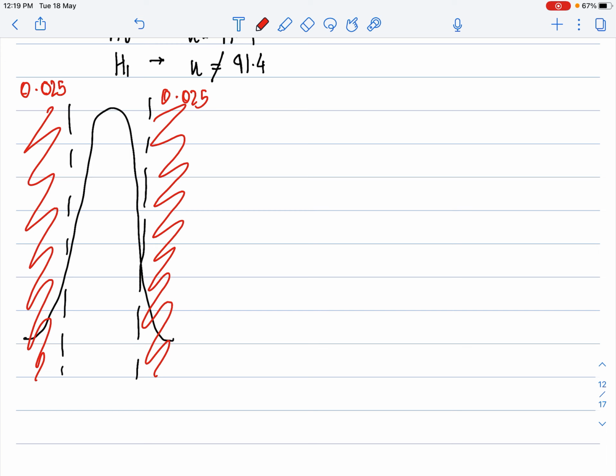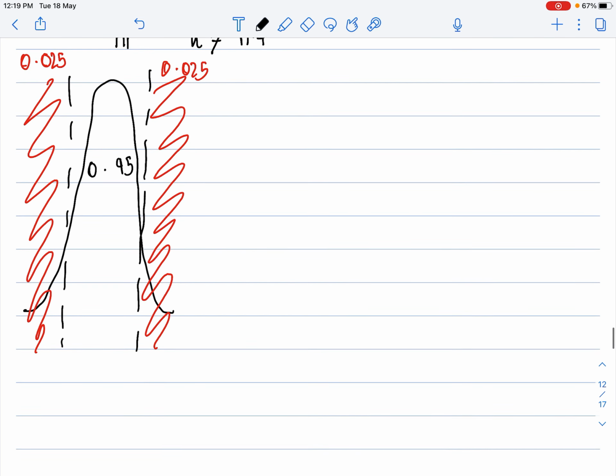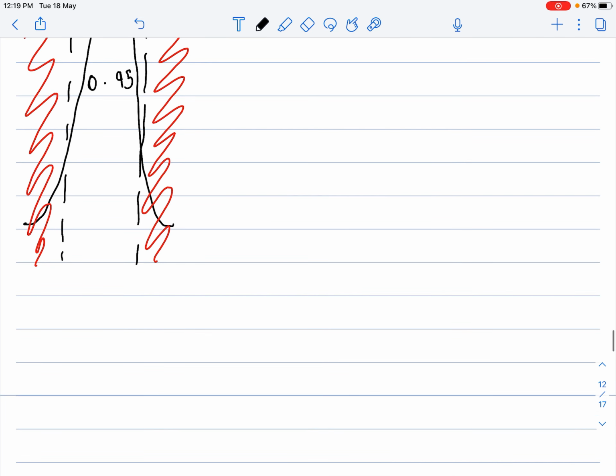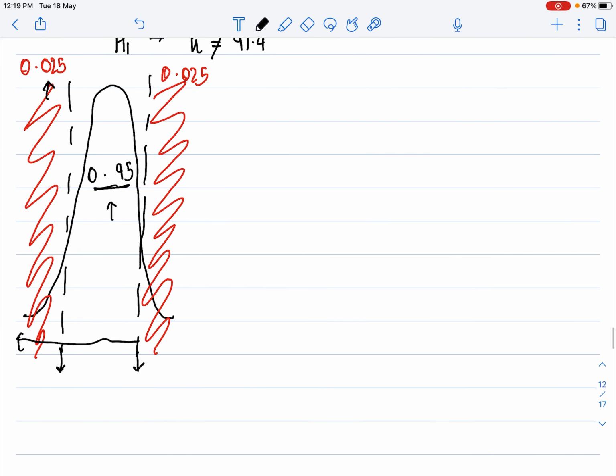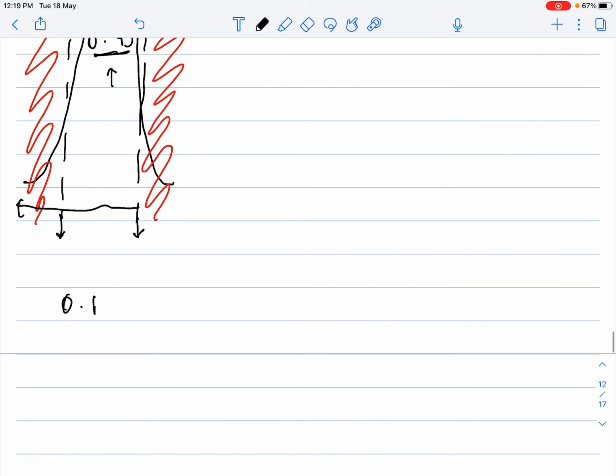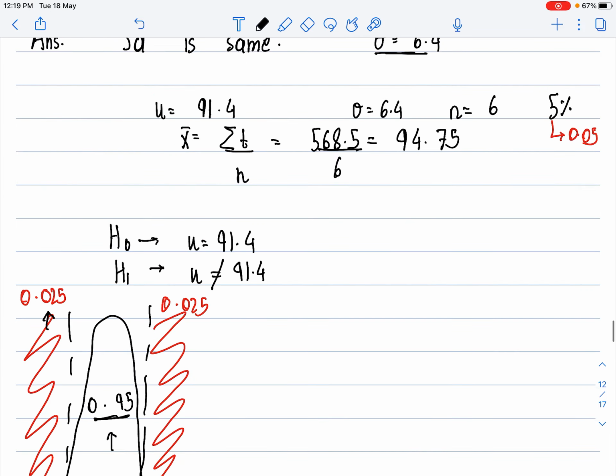In the middle I have 0.95, because 1 minus 0.05 gives 0.95. I simply need to calculate the Z value for both of these. For this, I need the area less than this Z value, which is 0.95 plus 0.025, giving me 0.975.